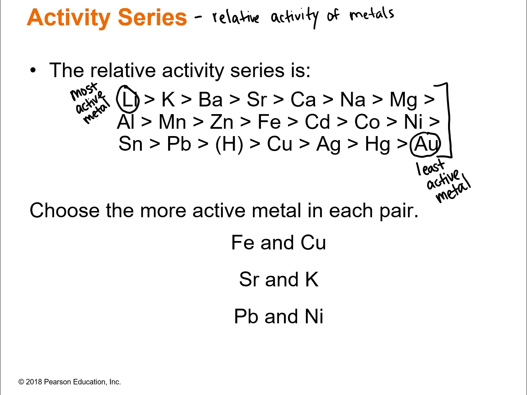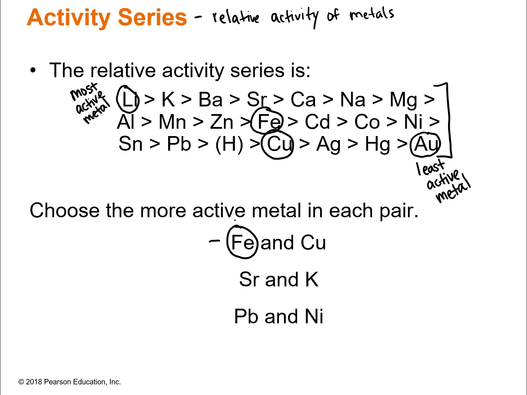So just to practice using this activity series, I want you to choose the more active metal in each pair. The first pair, we've got iron and copper. Which one is more active? Yeah, we've got iron here and copper there.